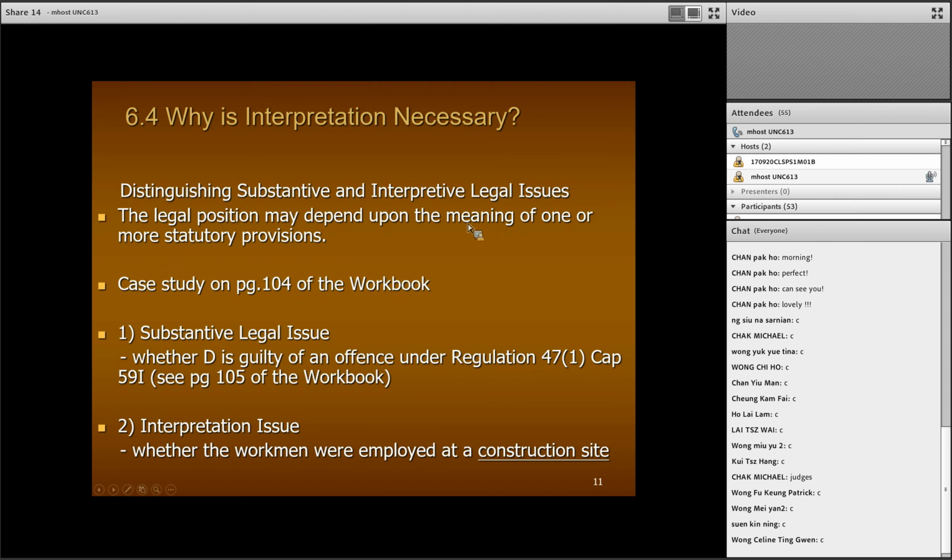So we call it an interpretive legal issue. It will affect the legal position. It will affect whether someone will be guilty or not guilty, someone will be liable or not liable. So we go to an example on page 105.